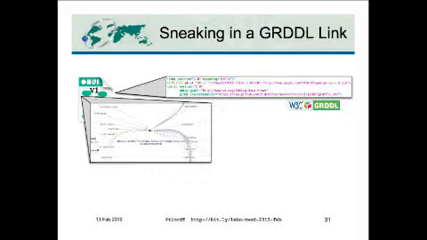So if we take that XML-based graphical representation and we sneak in a GRDDL transformation tailored to the particular graphical format, or you might just use RDFa, then you can actually construct an RDF graph right back from the graphical file format.